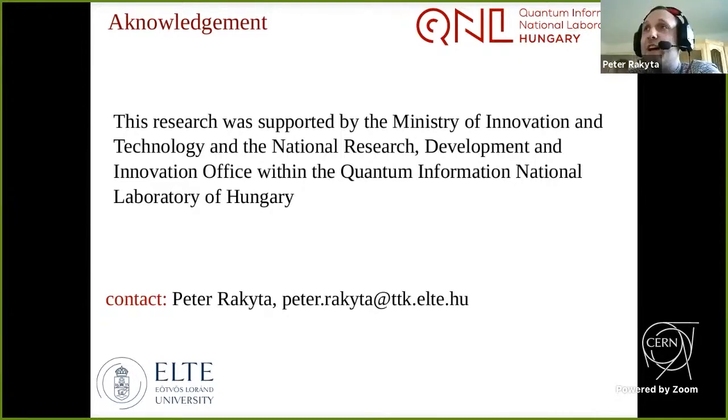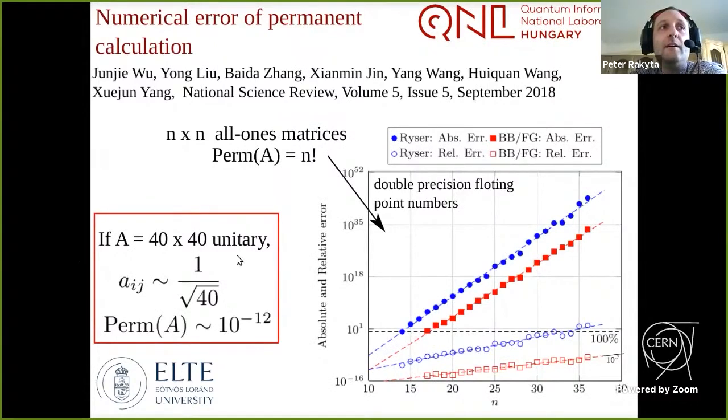I will repeat the question. The question is whether the A matrix is an n by n matrix. Yes, that's right. We have an implementation that can be used for arbitrary size.